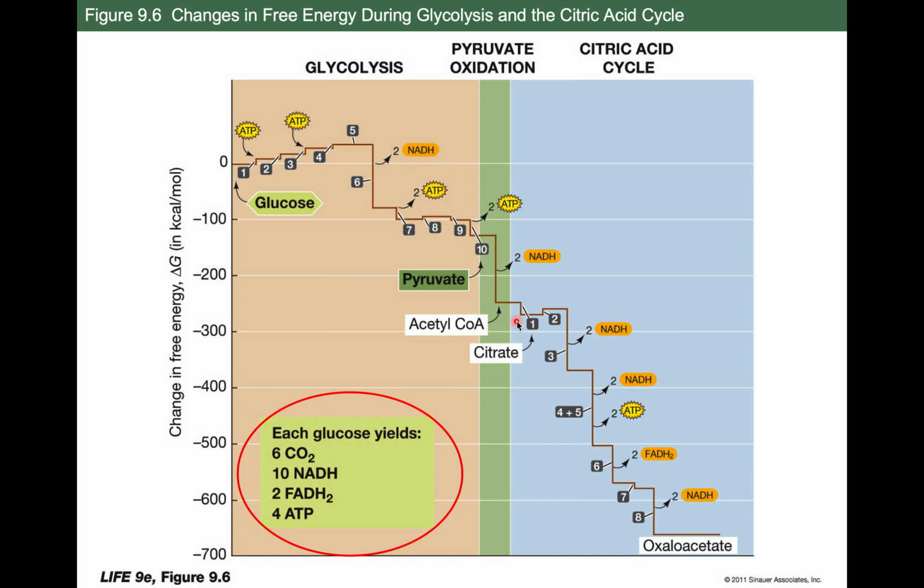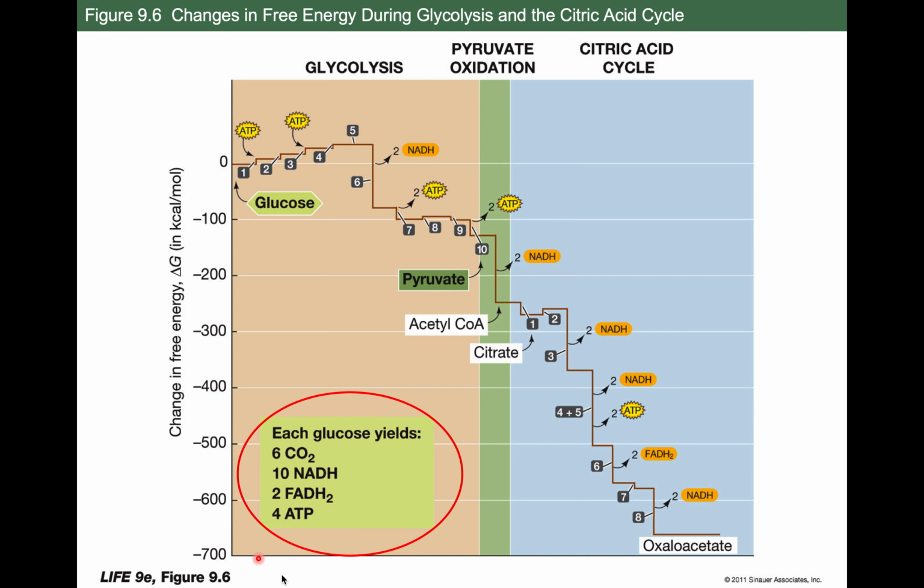That one reaction of pyruvate oxidation, we released more energy, right? We see another drop in delta G there, and that energy was being captured in NADH again. And then with our 8 reactions of the citric acid cycle, right, with each reaction, we see another drop in free energy. So a release of energy, again, trapping it in one of these molecules.